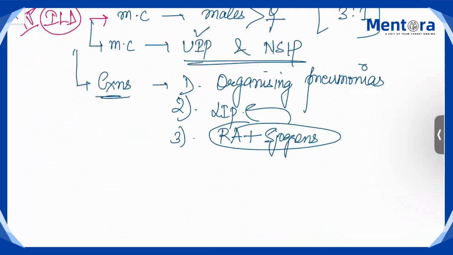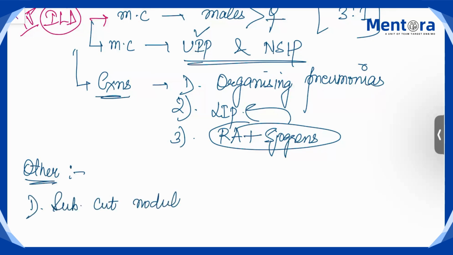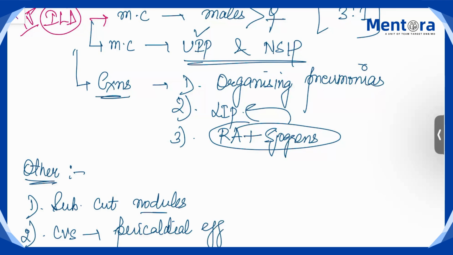Other than lungs, there can be other system involvement also in rheumatoid. There will be subcutaneous nodules on skin. Your heart can also be involved. There can be pericardial effusion. There can be anemia, and as we have already seen, most commonly it will be normocytic normochromic anemia.